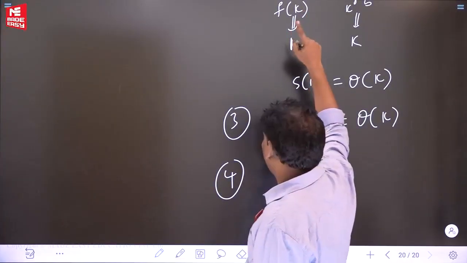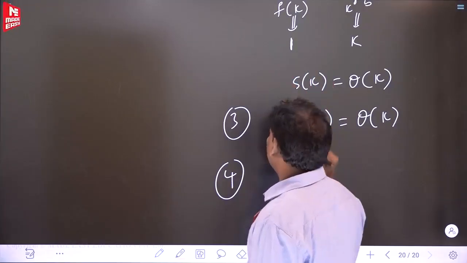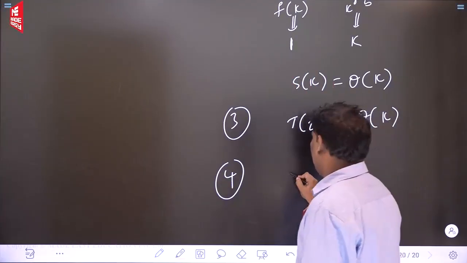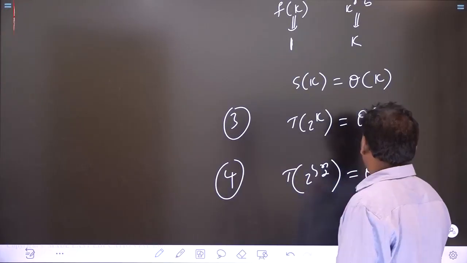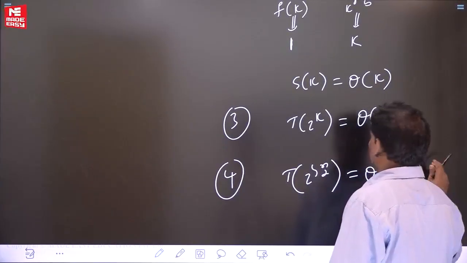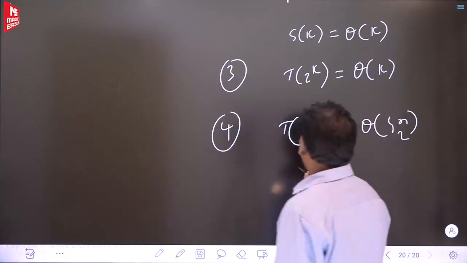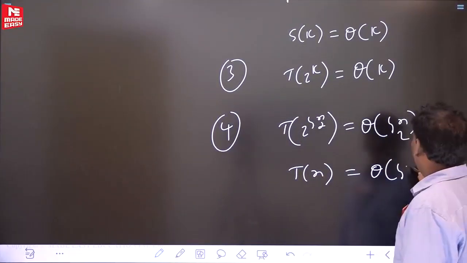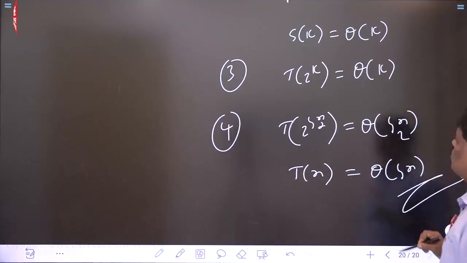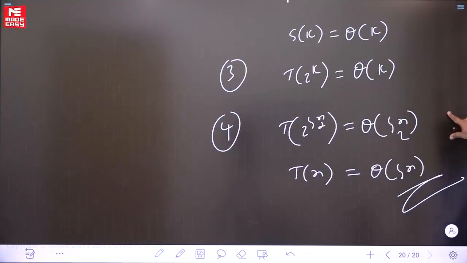Now reverse: n is equal to 2 power k becomes k equals log n, replacing 2 power log n base 2 with theta of log n base 2. So T of n will become theta of log n. So the answer to this problem is log n.